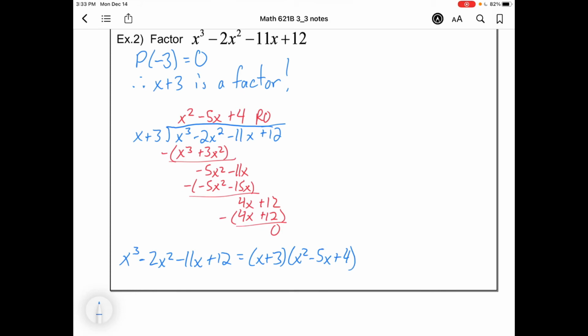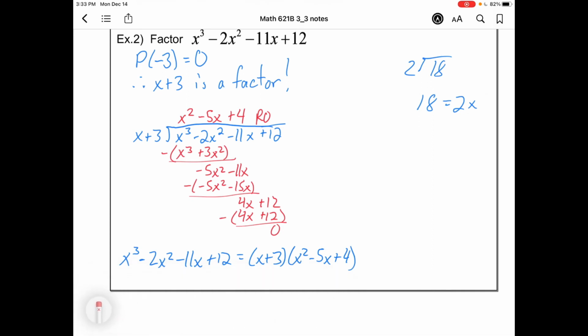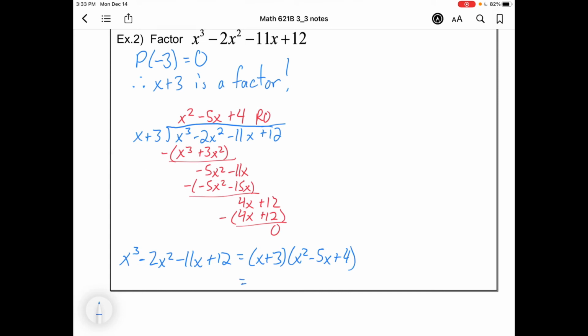In the same way that when you find out that 18 divided by 2 gives you 9, what you really learned is 18 is 2 times 9. When we did this division, we learned a way to rewrite that big, ugly polynomial. And now that you've got it factored a bit, well, you can't help yourself. You just got to factor some more.